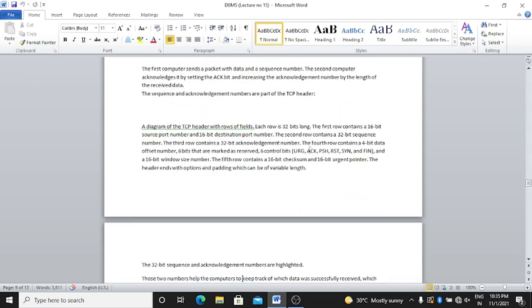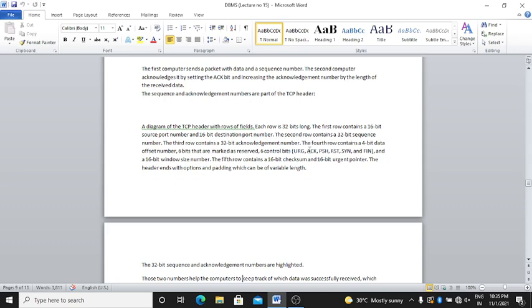Each row is 32 bits long in the header. The first row contains a 16-bit source port number and a 16-bit destination port number. The second row contains a 32-bit sequence number. The third row contains a 32-bit acknowledgement number.